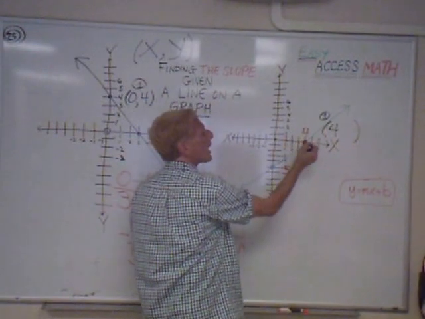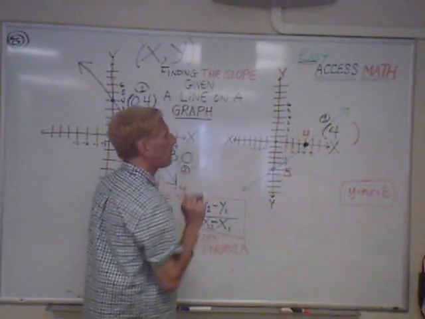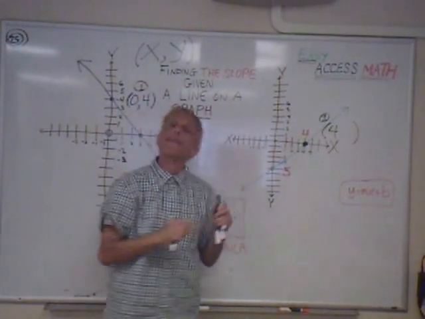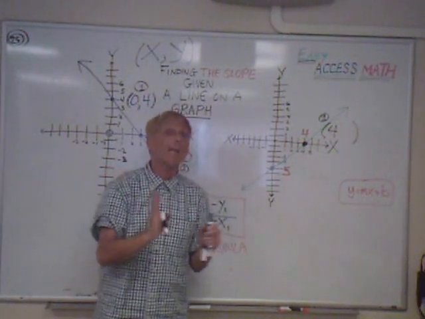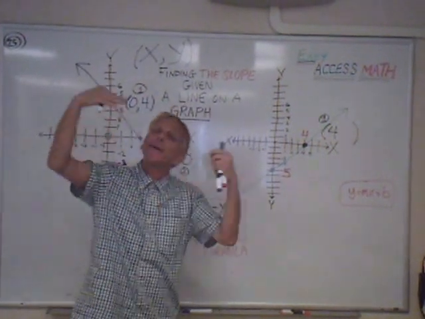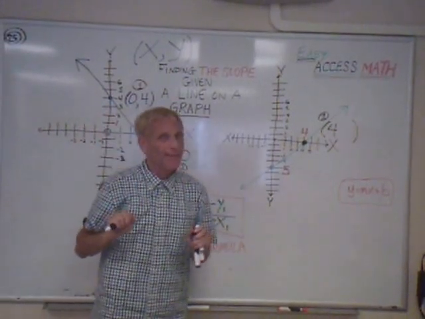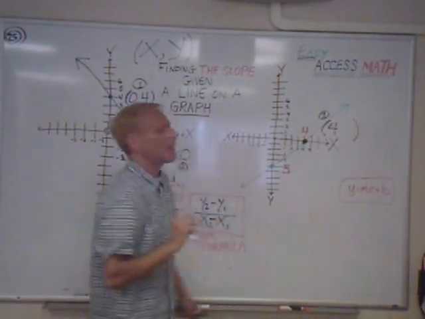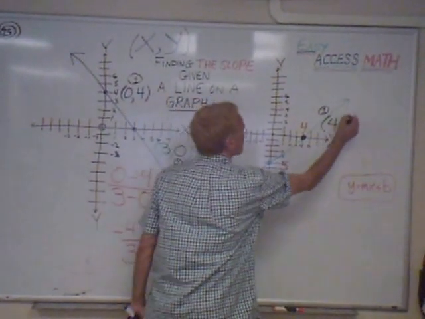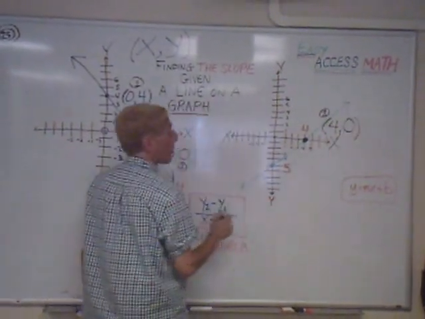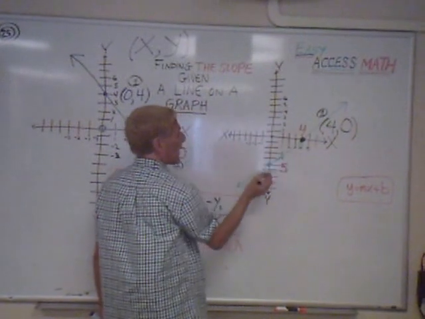I kind of highlighted the point, making a big dot. You probably wouldn't get that on a test, but you can see where it crosses the axis. The two axes, the x and the y, are usually darker on the graph paper, so you can see that. 4 and 0 on the y because it's not going up and down.